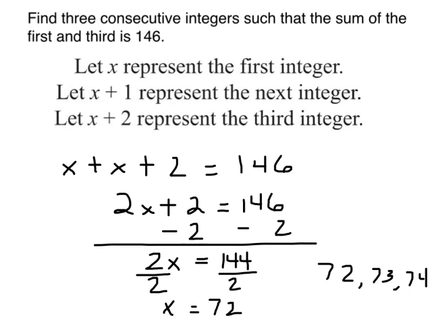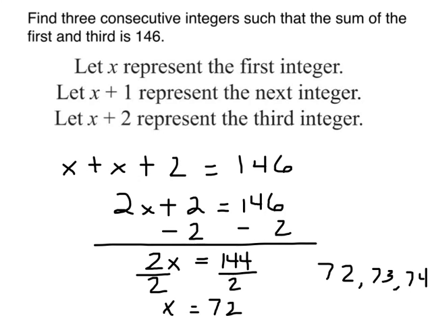Our problem says the sum of the first and third, so that would be x plus x plus 2 is equal to 146. I simply combine my like terms. x plus x is 2x, plus 2 equals 146. Then I go on to solve this equation, and I find that x is equal to 72.